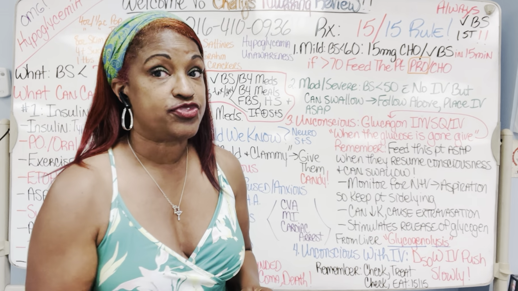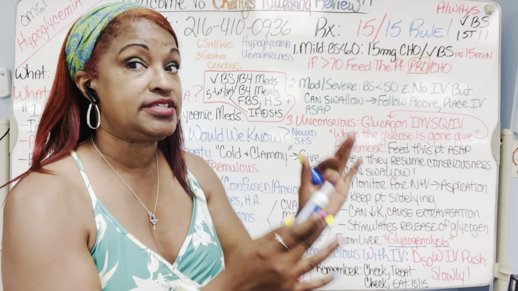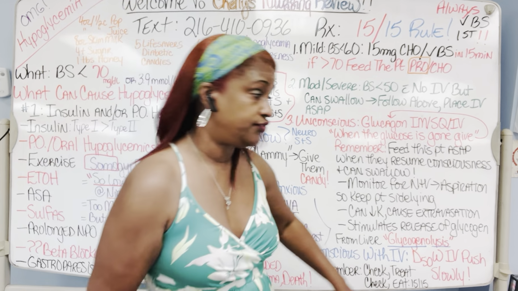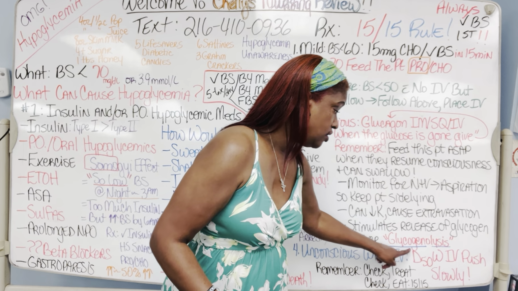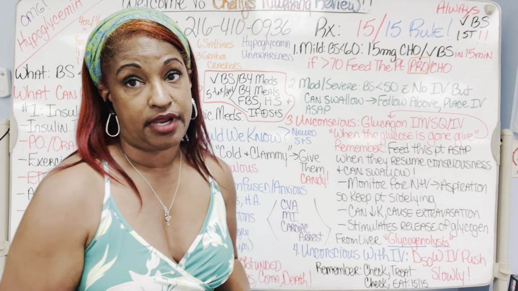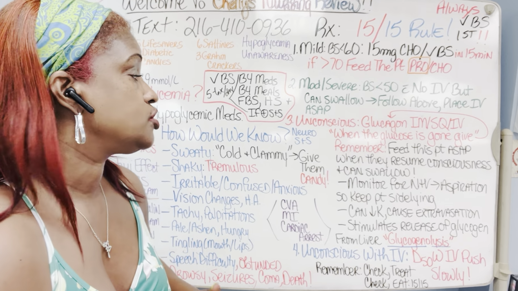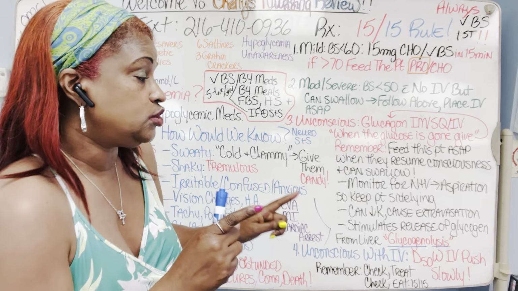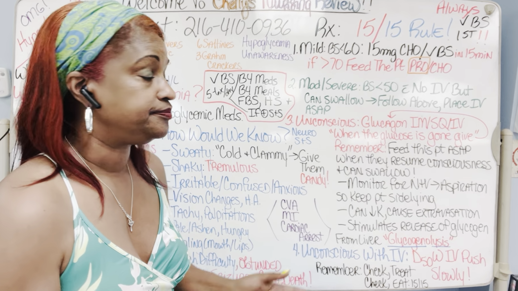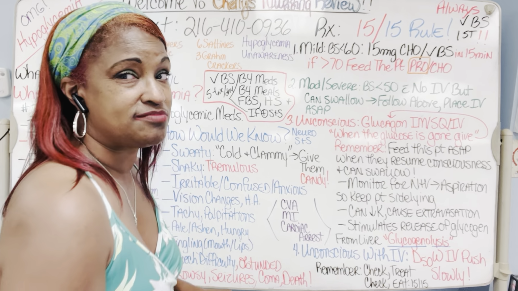We need to get the storage broken down into glucose. So we call it the destruction or breakdown of glycogen, so we can get the glucose for the bloodstream and the brain. So that is glycogenolysis. I hope you heard me. Likes to be on a test sometimes.